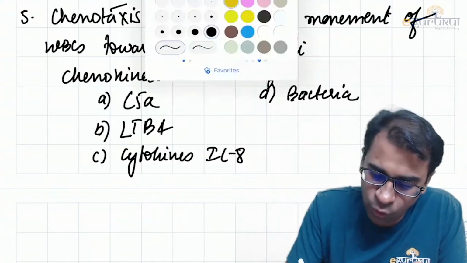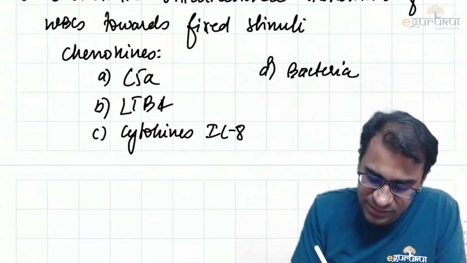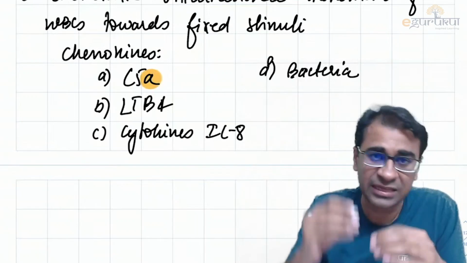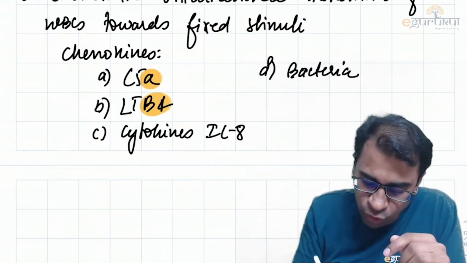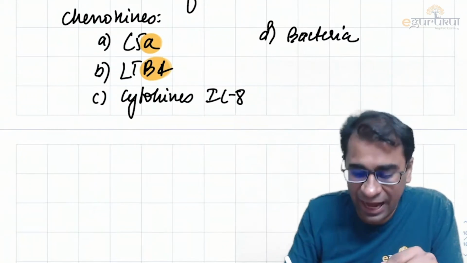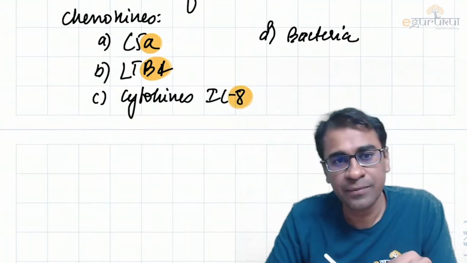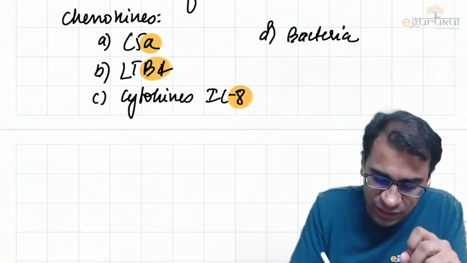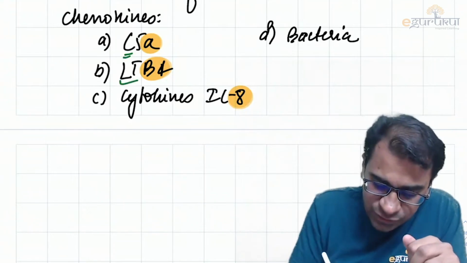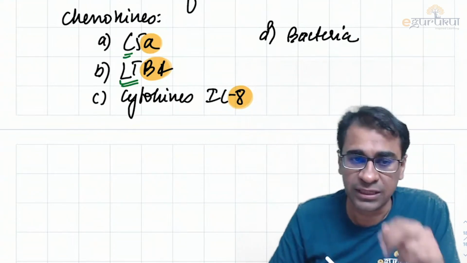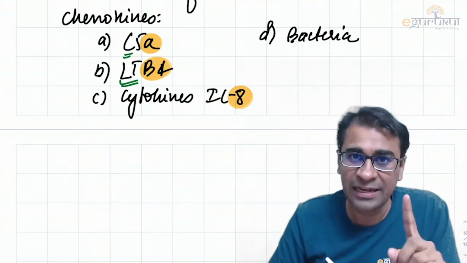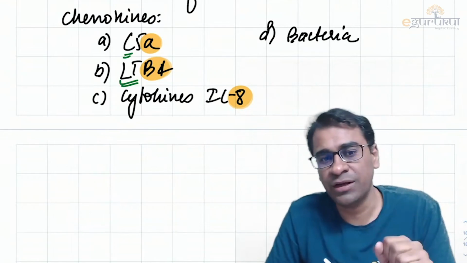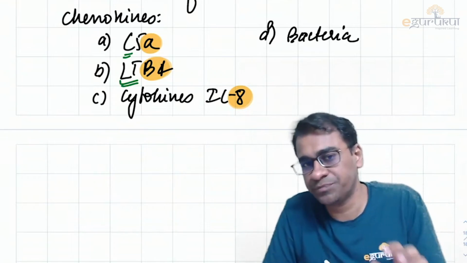So if you look at all of them, it is C5A, A say आओ, stand before me, and it is interleukin 8. Okay. C is what? It's a complement. LT is what? Leukotriene. C is complement and LT is leukotriene. And then there is interleukin 8.